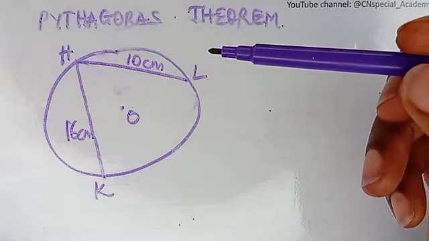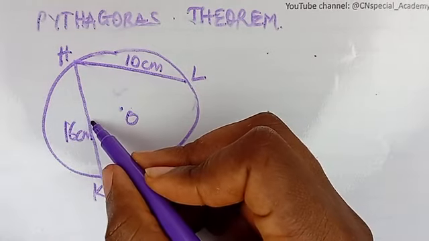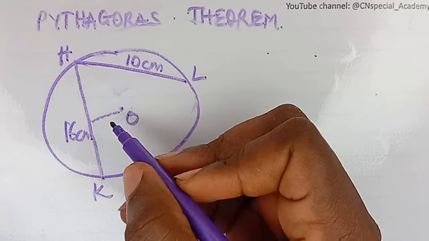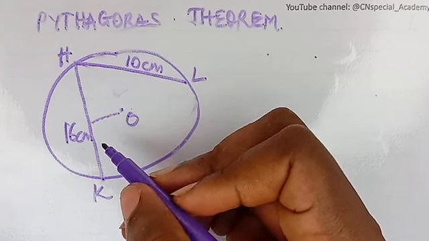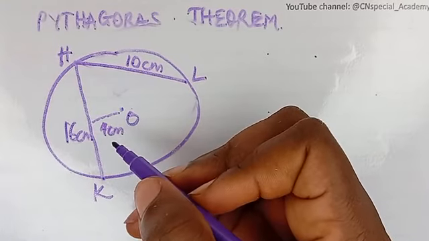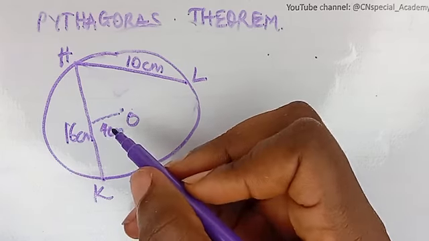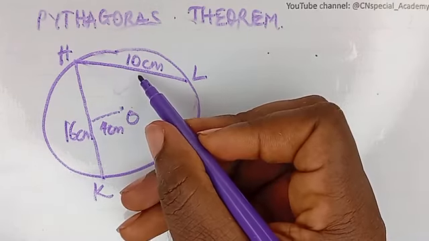The perpendicular from O to HK is 4 cm. What is the length of the perpendicular from O to HL?